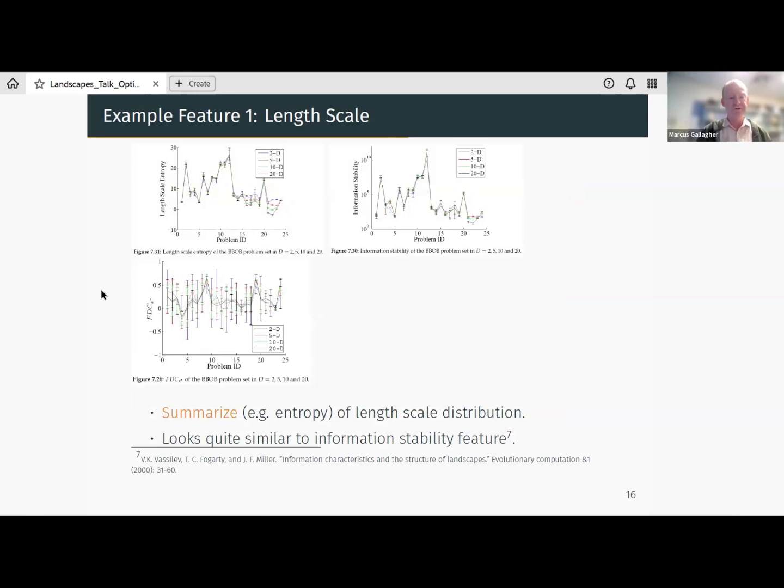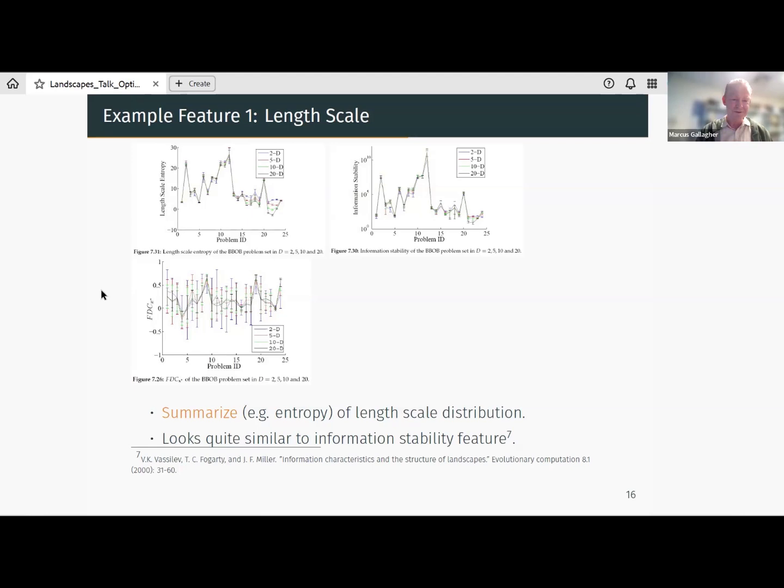So these graphs show length scale entropy values for the BBOB problem set. That's the top left figure, and then on the right of that, there's a different feature called information stability, which was previously proposed, and you kind of see that these two features have a similar looking profile, and the variance on the estimation is pretty small, and it seems like we're at least getting different values for different problems.